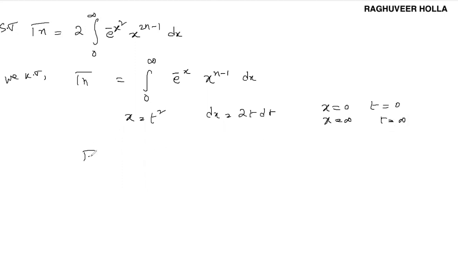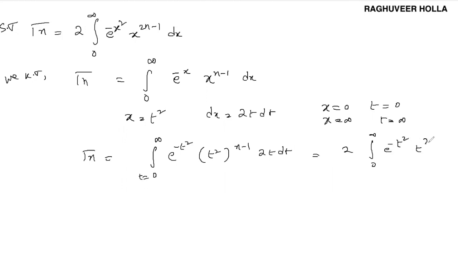So gamma n will be integral 0 to infinity e to the power of minus t square, t square to the power of n minus 1, 2t dt, or 2 times the integral 0 to infinity e to the power of minus t square t to the power of 2n minus 1 dt.